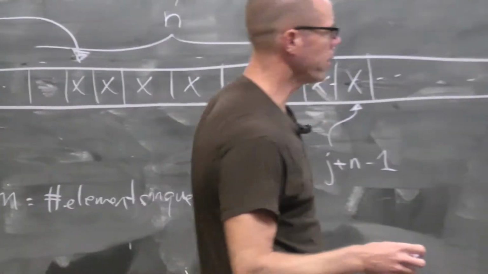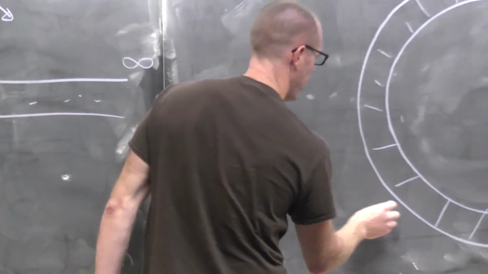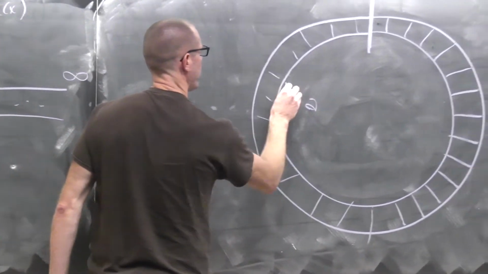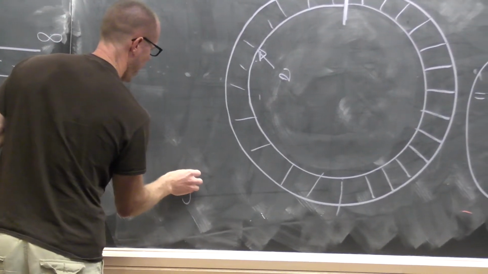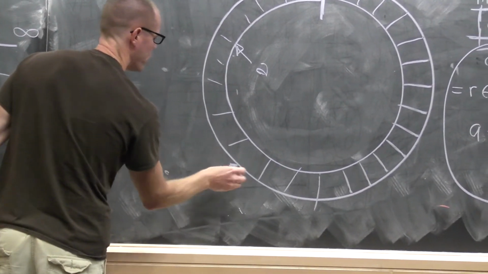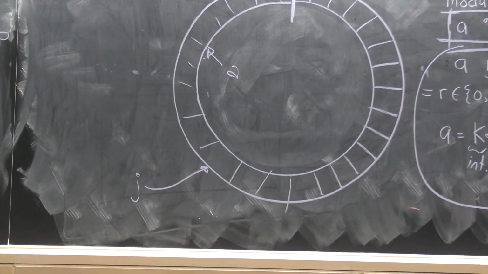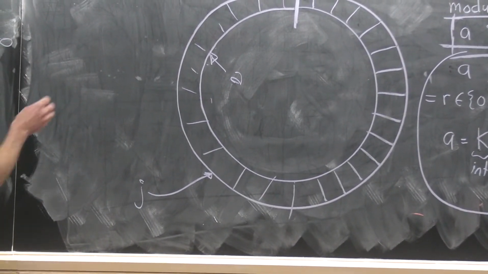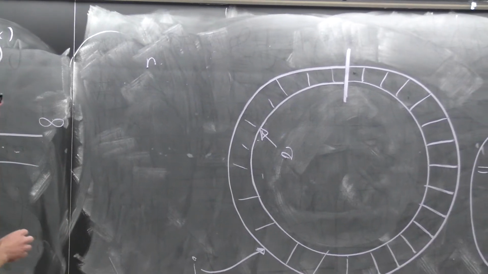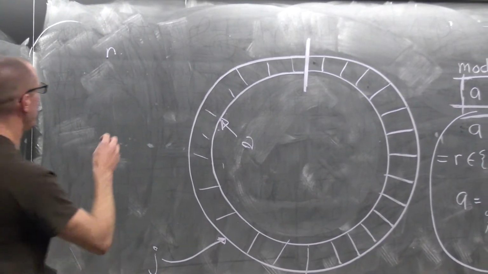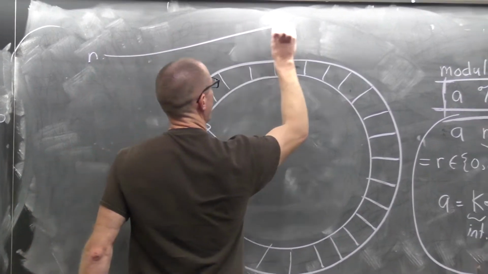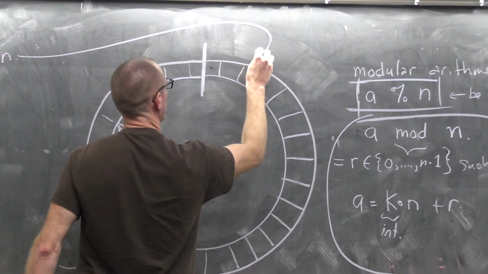So what do we need? Well, we have this array A. Here it is. We have this index j, which points to some element in this array. And we have this value n that tells us how many elements are in our queue.